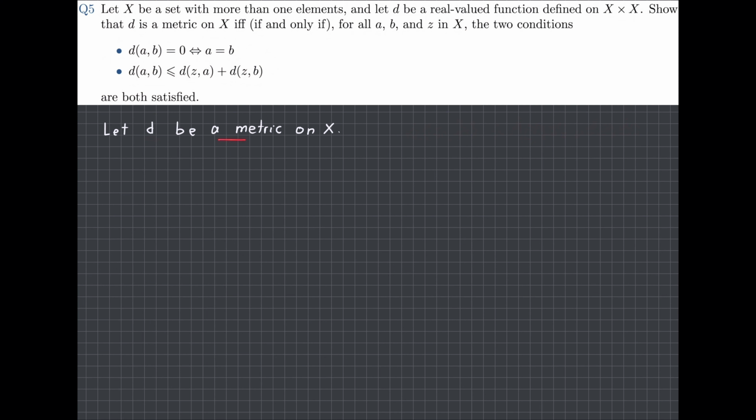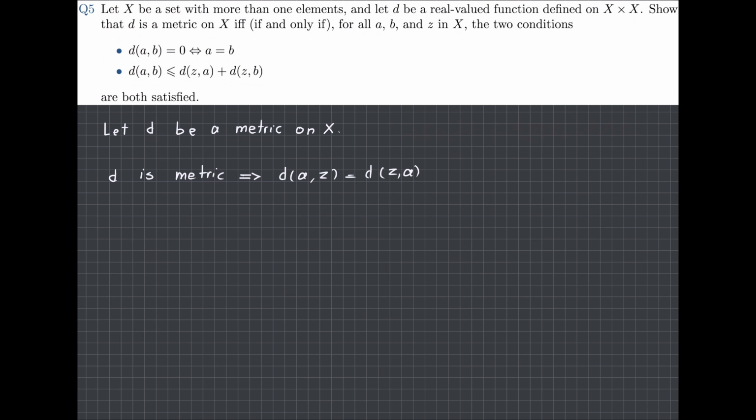We're assuming D is a metric, so it is symmetric. So let us say it like this. D is a metric. So what can we conclude? We can conclude that D of A and Z is equal to D of Z and A.